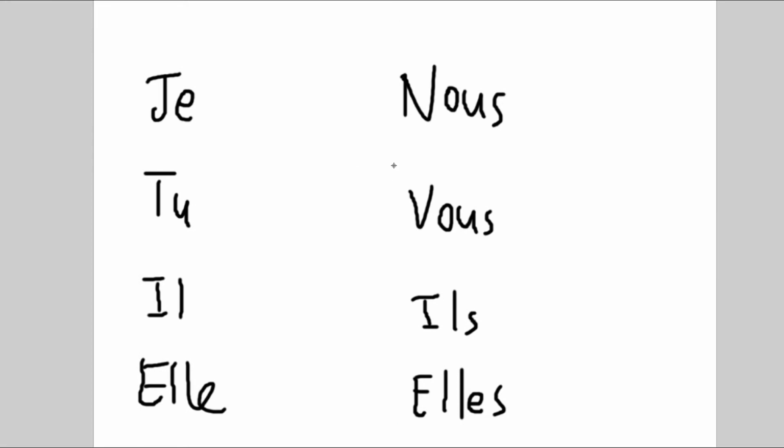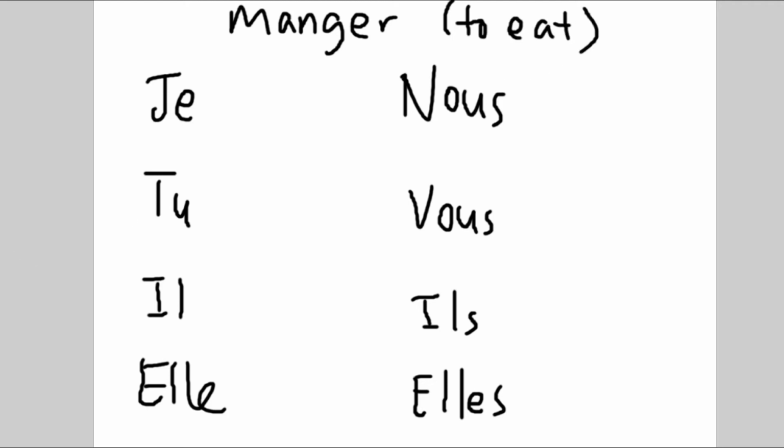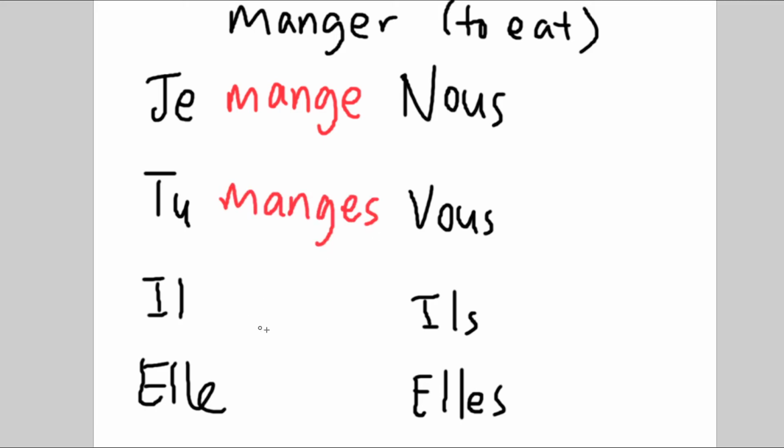We're going to do one last example of regular ER verb conjugation, but this time there's going to be a little bit of an exception for one of these, and we will see what that is in a bit. We're going to do manger, which is to eat. I'll give you a few seconds to pause and figure these out for yourself, and we will see the answers in a bit. Okay, so for je, as we know, no R, no S, it's just je mange. Tu always has the S, so it's tu manges.